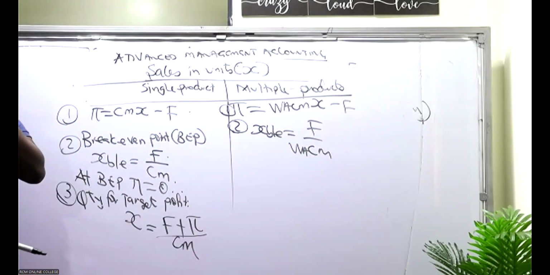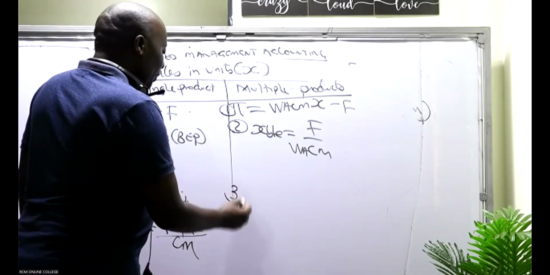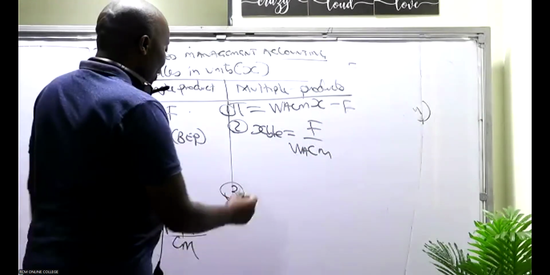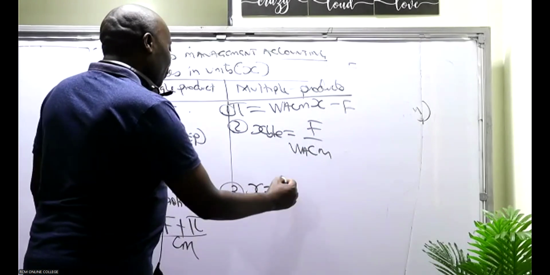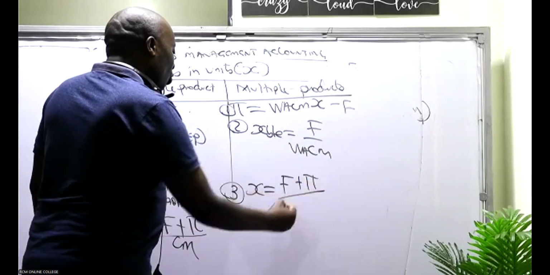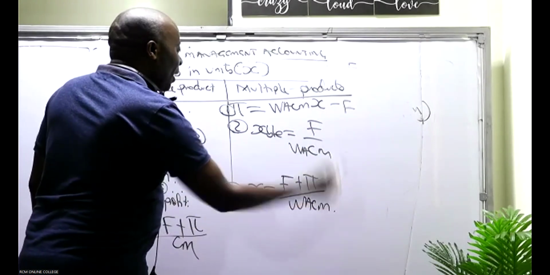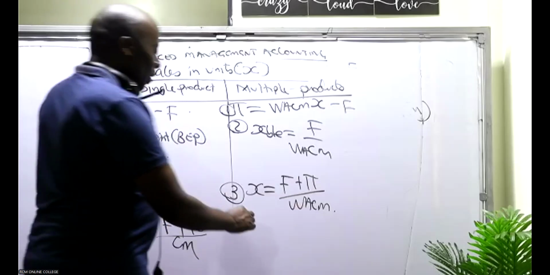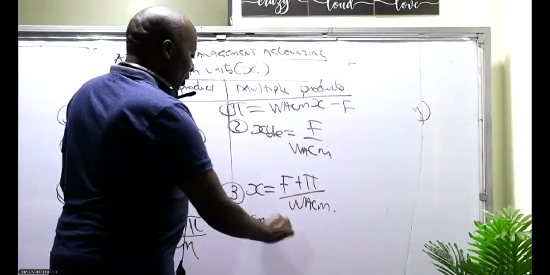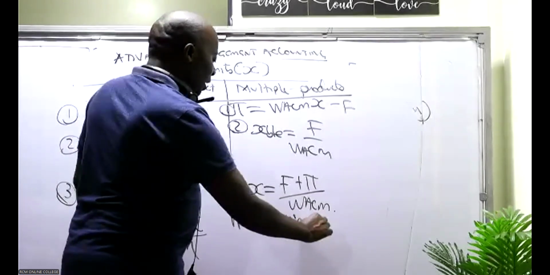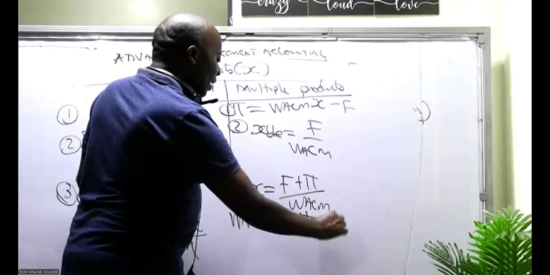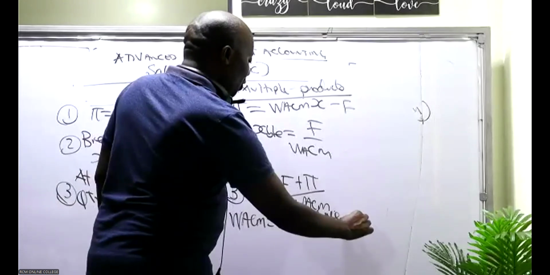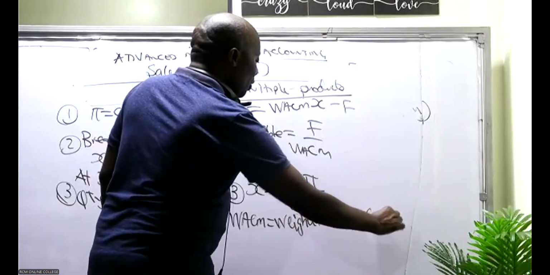Lastly, for the quantity for a targeted profit, this will be F plus profit over WACM, where WACM stands for weighted average contribution margin.